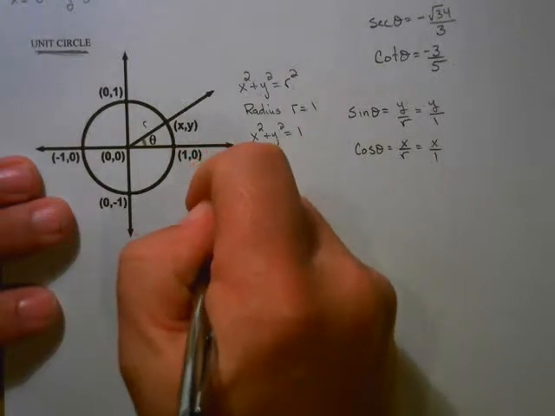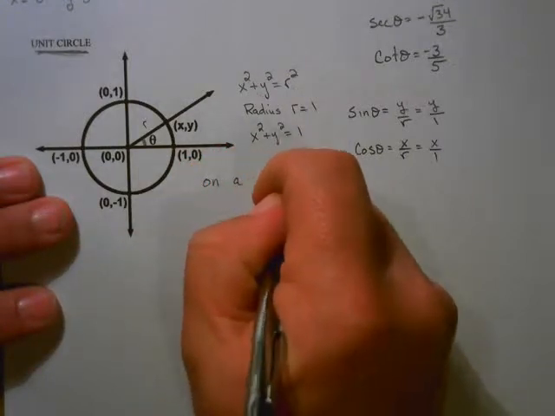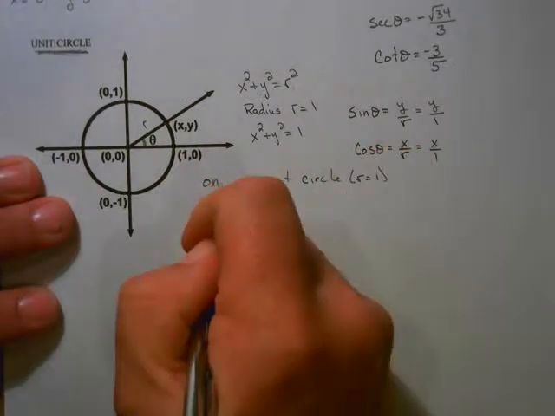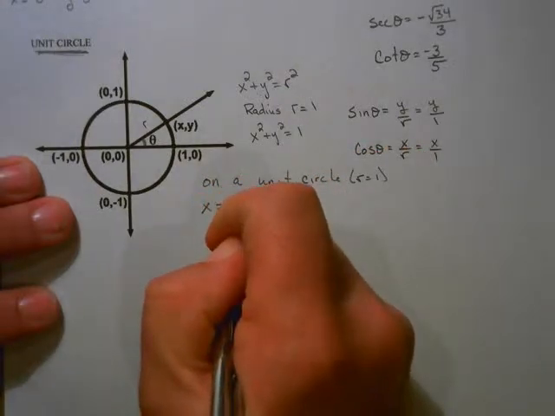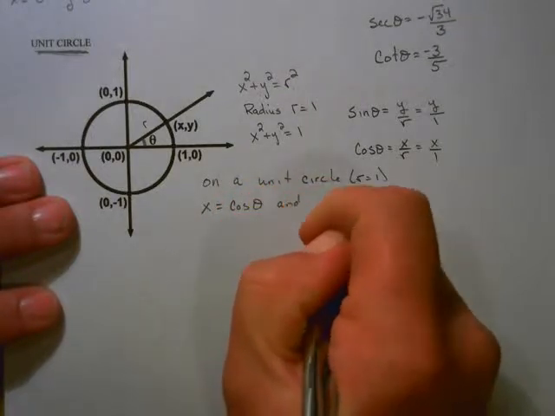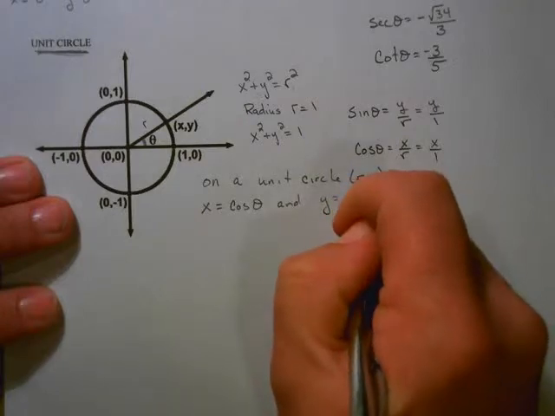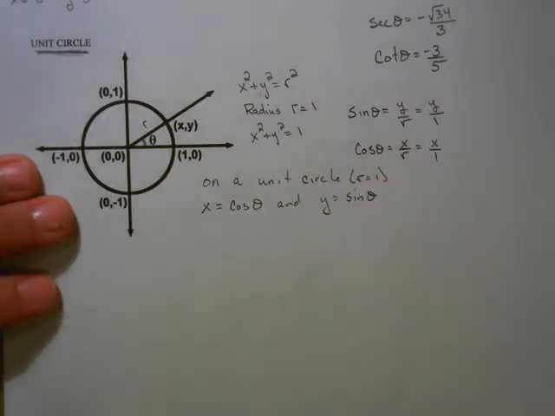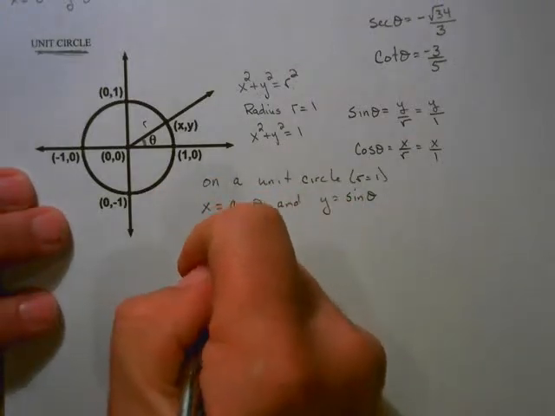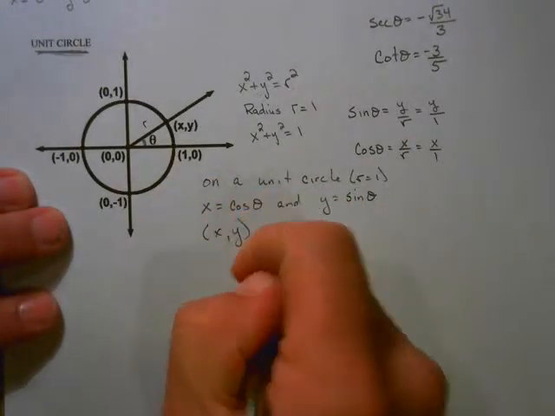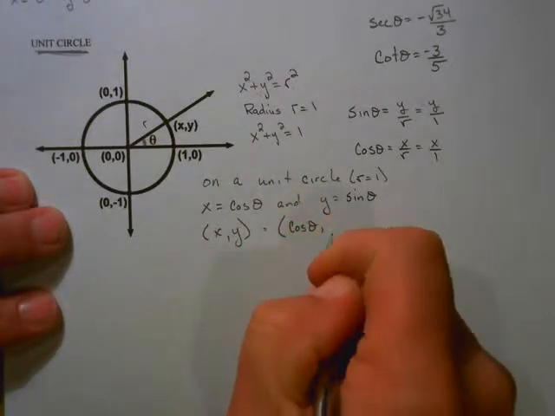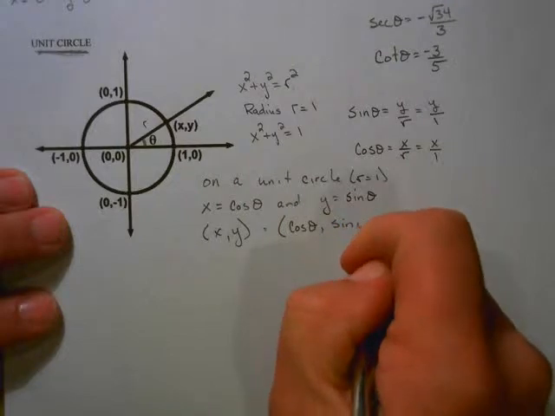So on a unit circle, r equals 1, then x is going to equal cosine theta, and y is going to equal sine theta. So on all these points, as you come around, this point xy on a unit circle is going to be cosine theta, whatever our angle is, sine theta.